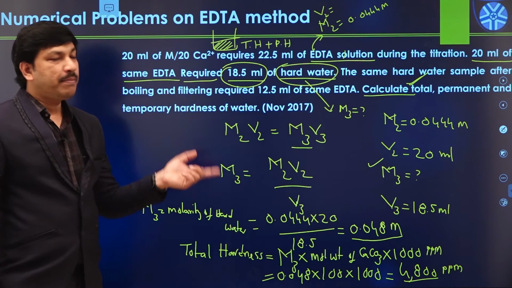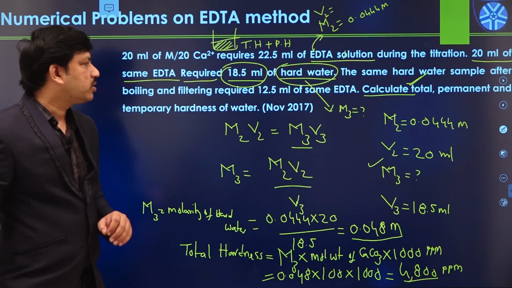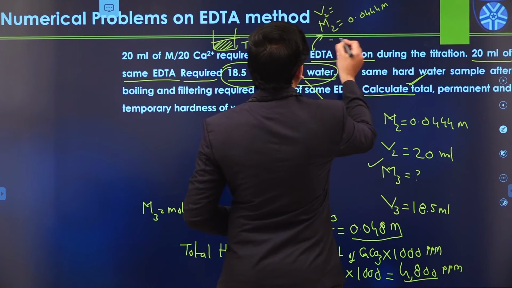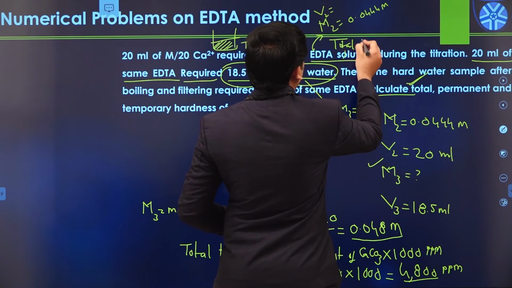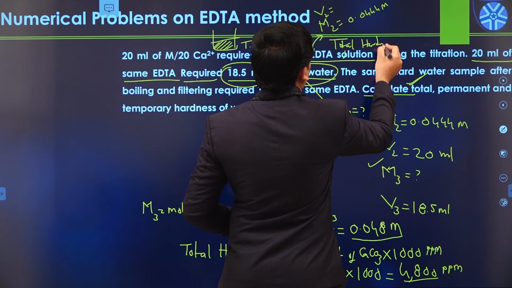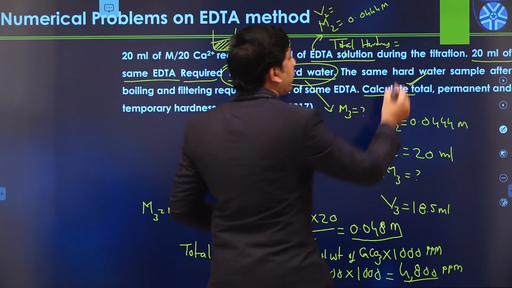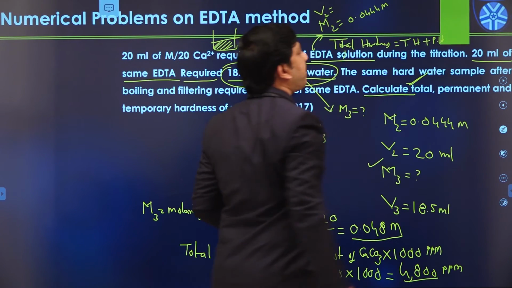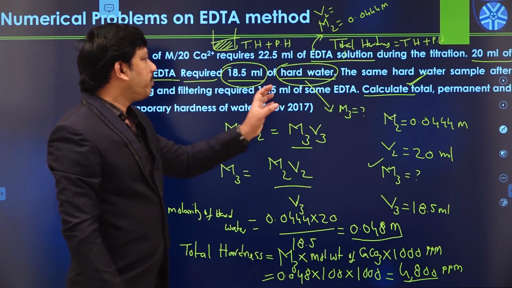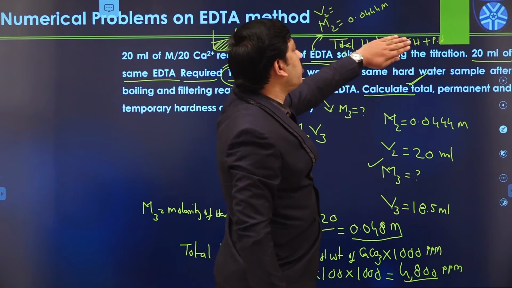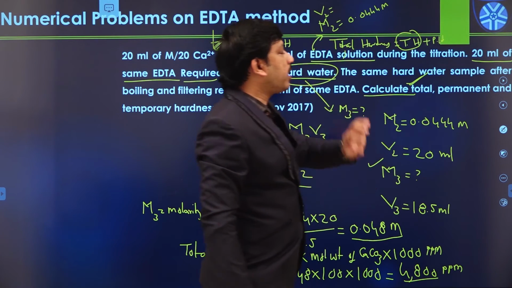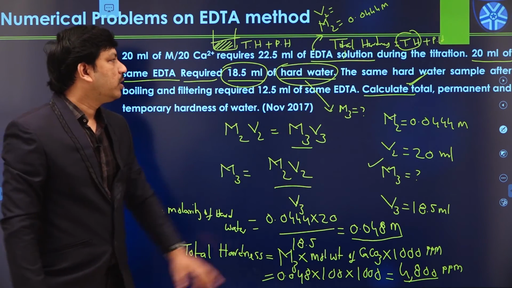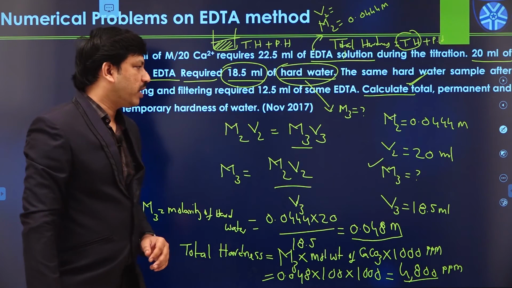Now we have to measure the permanent hardness and temporary hardness. According to the total hardness definition, total hardness is equal to temporary hardness plus permanent hardness. So once we know this value, if we remove the temporary hardness from the water sample, we can measure the permanent hardness value.